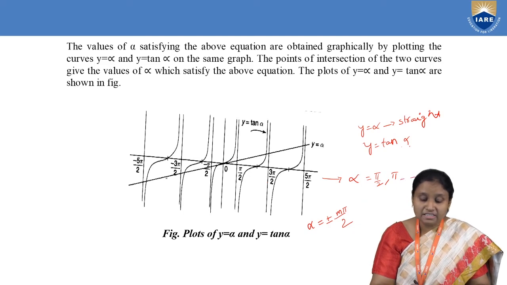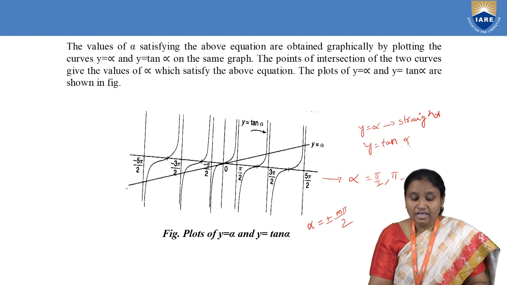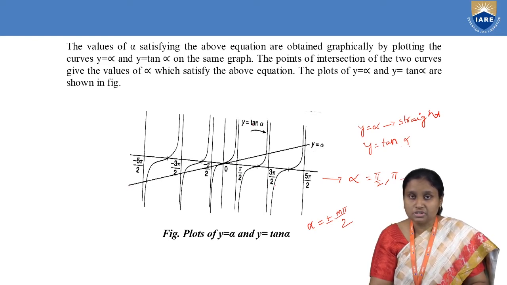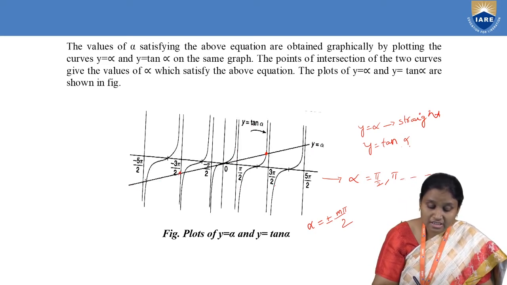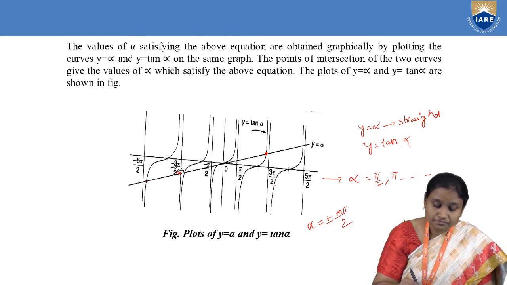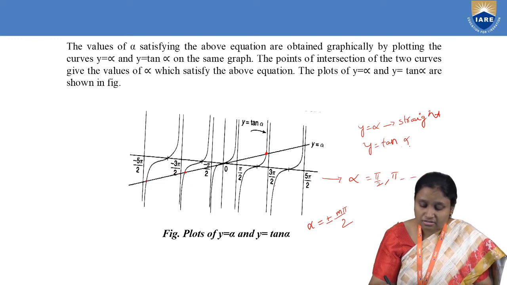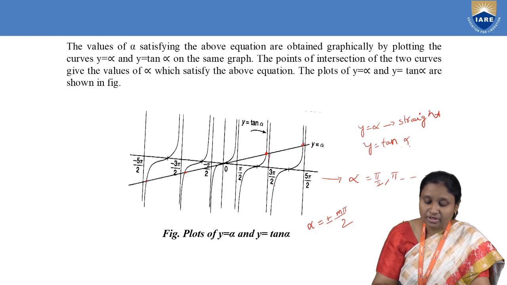Now, if I get such curves, periodic curves I'll get. Now, when I consider one curve y equal to alpha and another curve y equal to tan alpha, and consider where they are meeting, these are the points where these two curves are meeting, not this one. Now this is 3 pi by 2.